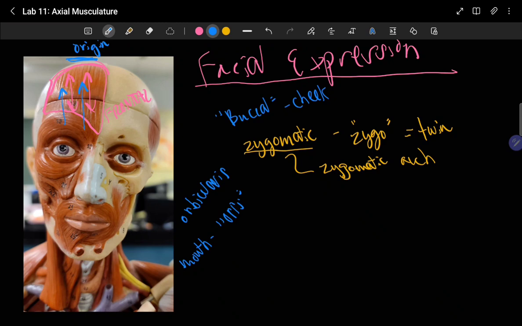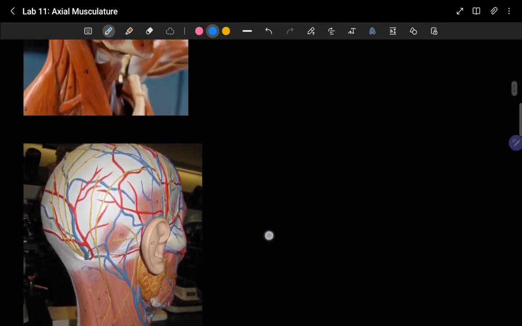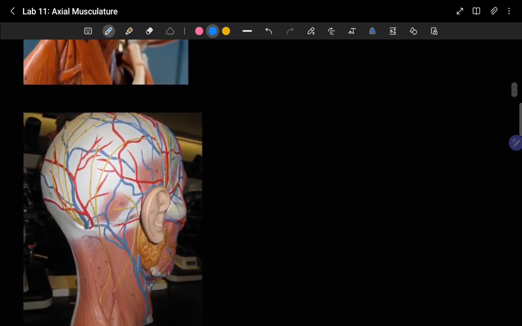Lastly, we have our occipitalis. Let's see if we can get a different view here. This muscle is not very well defined here, but occipitalis is associated with our occipital bone. It's kind of covered here by a structure called an aponeurosis that we'll talk about, but this is a level where we'd expect to find our occipitalis.